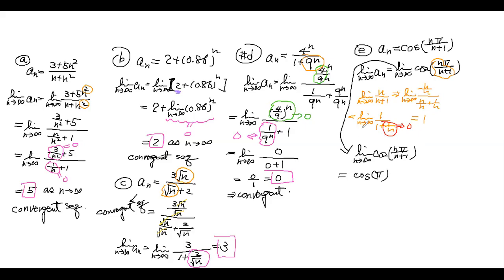Cosine pi will be equal to -1, right? So I know this one is convergent. And what value is it converging to? It converges to -1 here, okay?